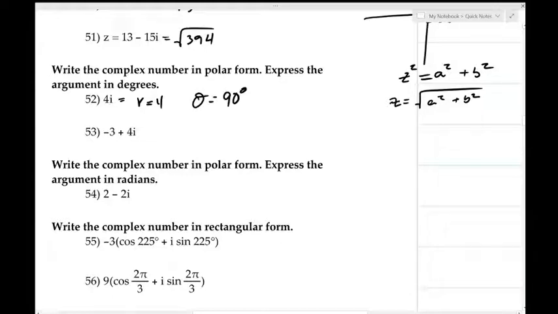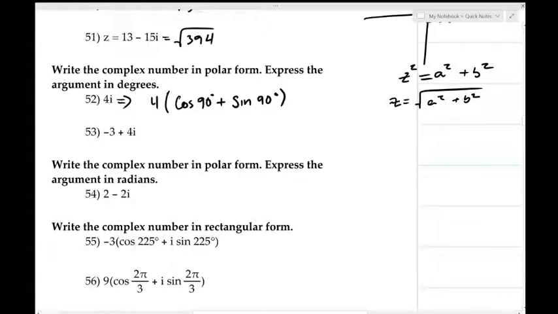So this expression of 4i is equivalent to 4 times cosine of 90 plus i sine of 90 degrees, right?